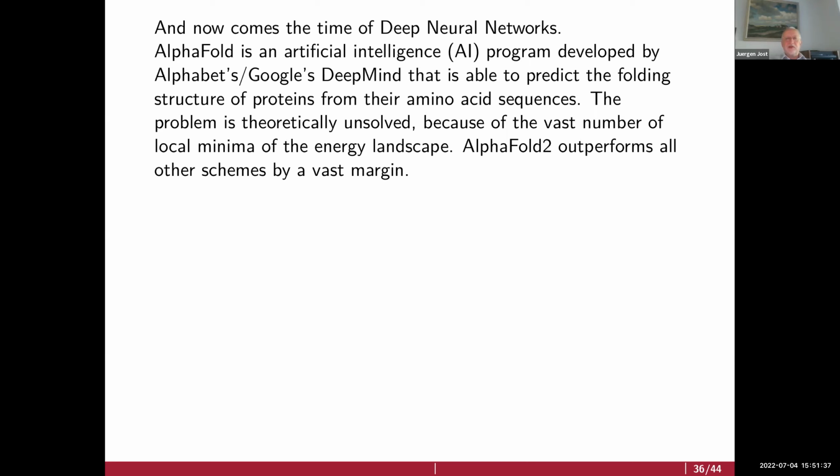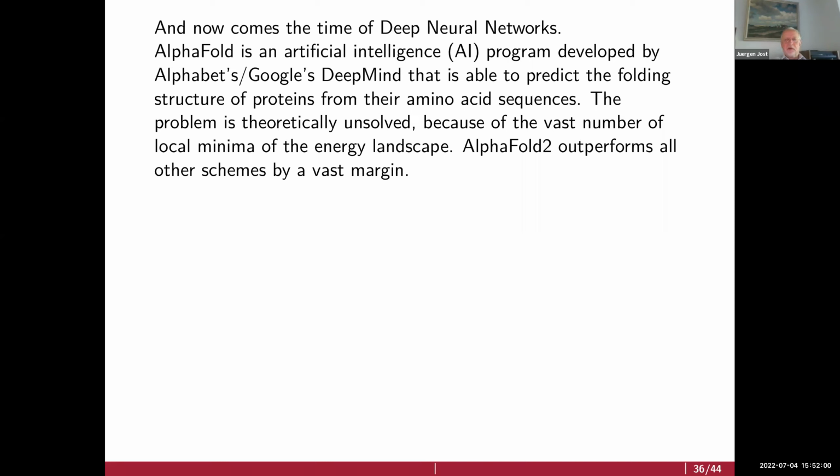Generations of mathematicians, computer scientists, physicists have tried to develop mathematical models that can actually predict the three-dimensional structure from the sequence, but none of them really worked. The problem is extremely difficult because of the vast number of local minima of the energy landscape, in the technical terminology.